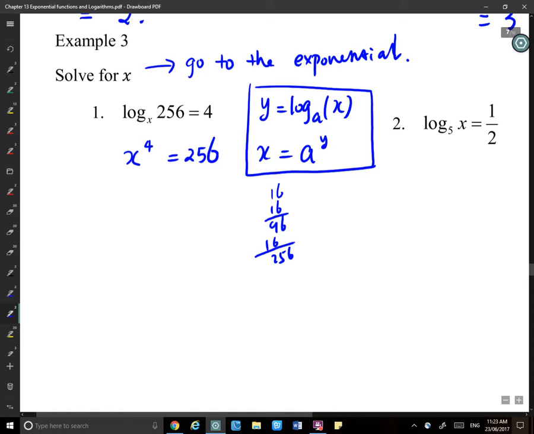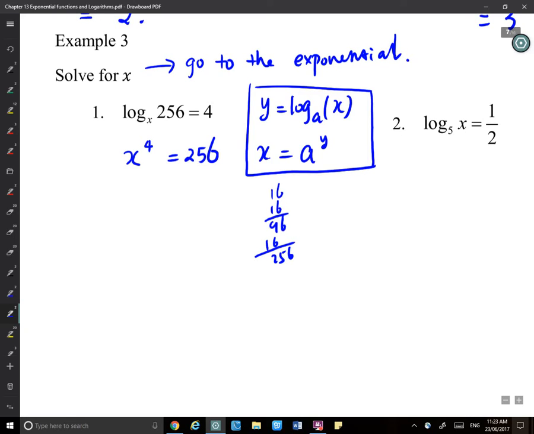Okay, 16 squared is 256. I'll just recommend again, you can remember all the square numbers from 11 to 20. When you solve the exponential and log chapter, that's quite helpful. So 11 squared is 121, 12 squared is 144, all of those numbers. 13 squared is 169, 14 squared is 196, and so on.